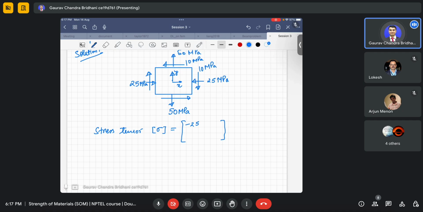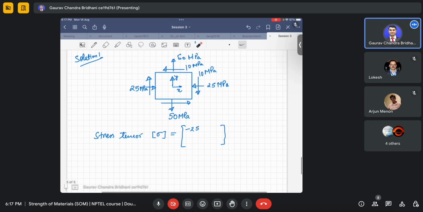Similarly sigma yy is acting in the direction of y itself, so it will be positive. And again check the sign of shear, that is tau xy. Tau xy is on the x plane and in positive y direction, but the arrow here is downward, which is negative y direction. That means it will be minus 10.